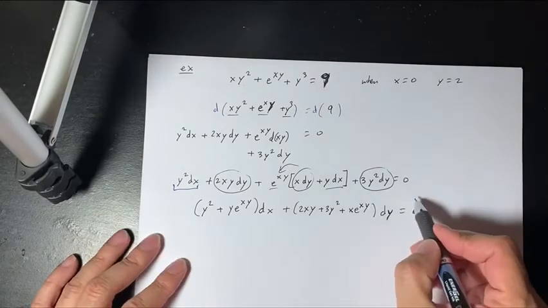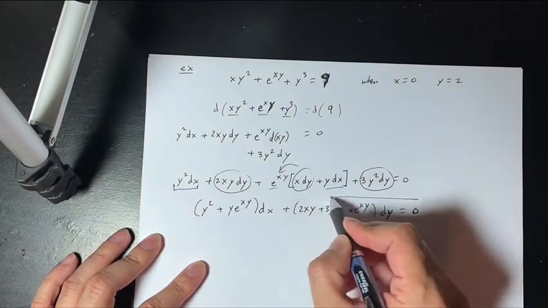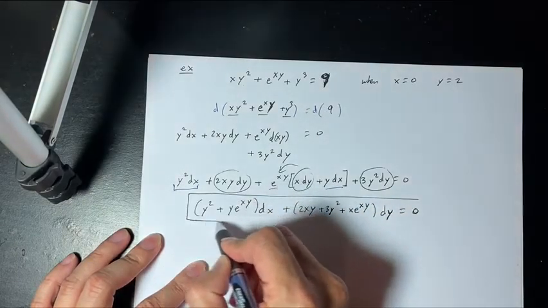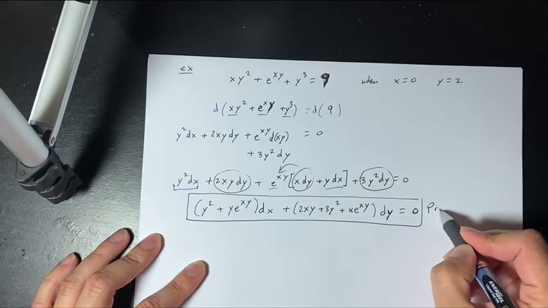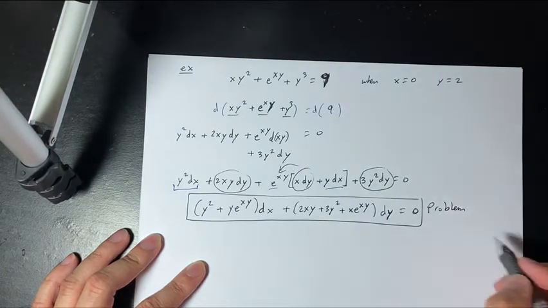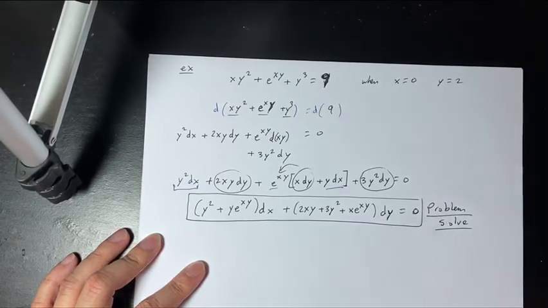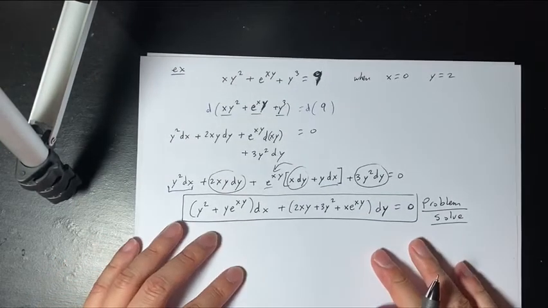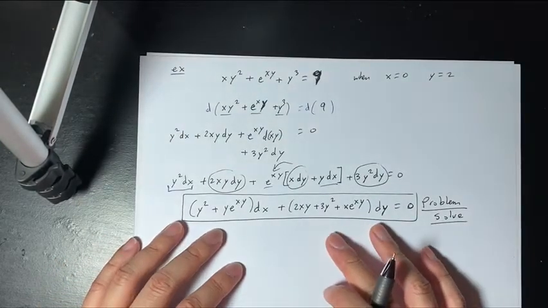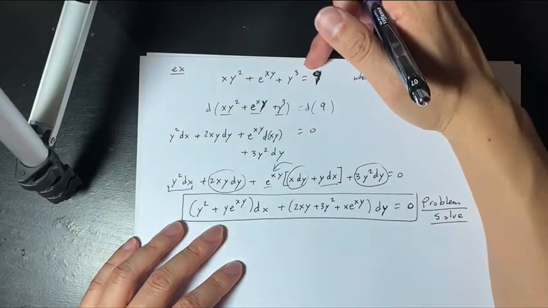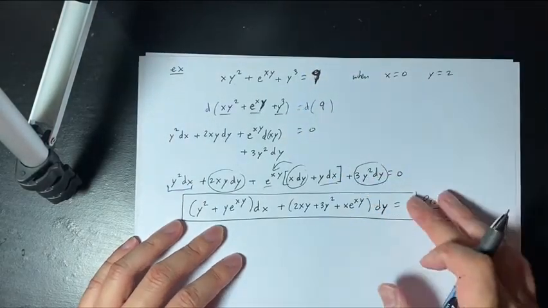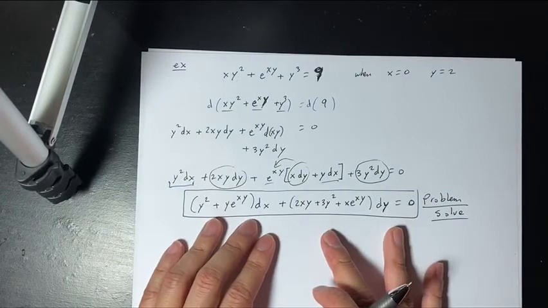Okay, so this is a problem that's going to be given to you, and you're simply asked to solve. And this was engineered so that it is an exact differential equation, because we started with a level curve, we differentiated it, and here we are.